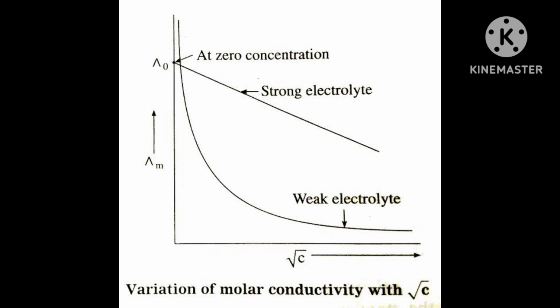Avogadro number, 1 mole is equal to 6.022 times 10 to the power 23 particles, maybe atoms, maybe molecules, maybe ions. Then see, moles are more, ions are more, but water is not sufficient in 1 liter, because the solution is concentrated. Then now all ions will be close together.